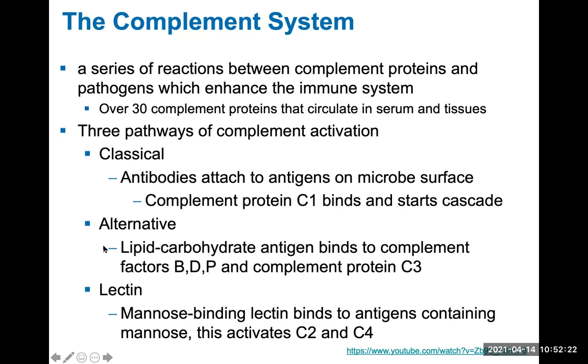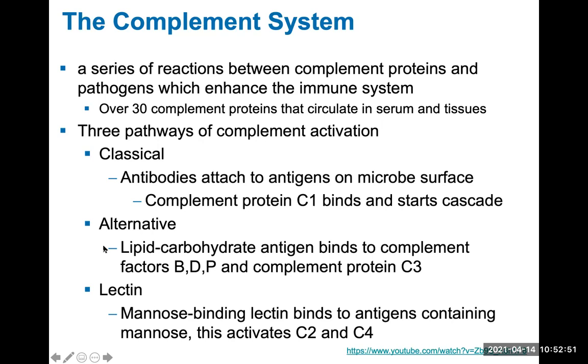For the alternative pathway, instead of an antibody triggering the C1 to split, you now have different factors that we call B, D, and P, which are always present in the blood. They bind to the antigen, and they cause a different complement protein called C3 to cleave and start that cascade that leads to the outcomes of complement.